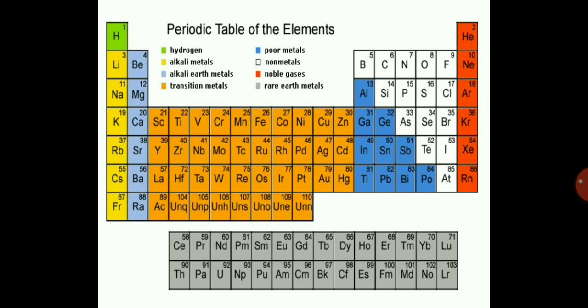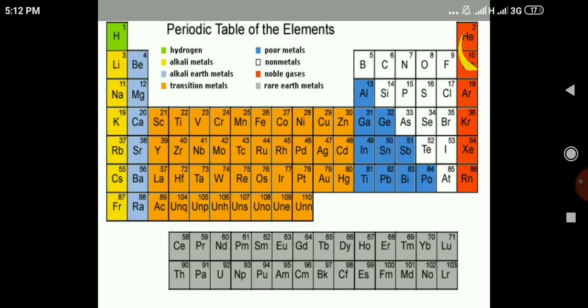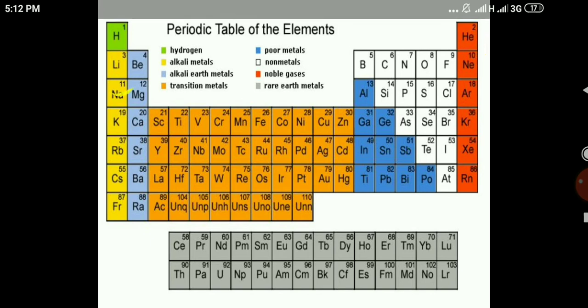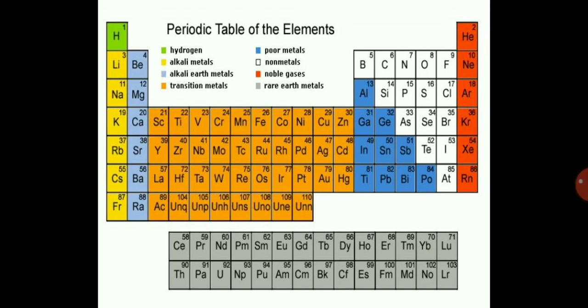And see atomic number, why I write from the atomic number 1. Here is hydrogen, the second one is helium, the third is lithium, fourth is beryllium, fifth is boron, sixth is carbon, 7 is nitrogen, 8 is oxygen, 9 is fluorine, 10 is neon.